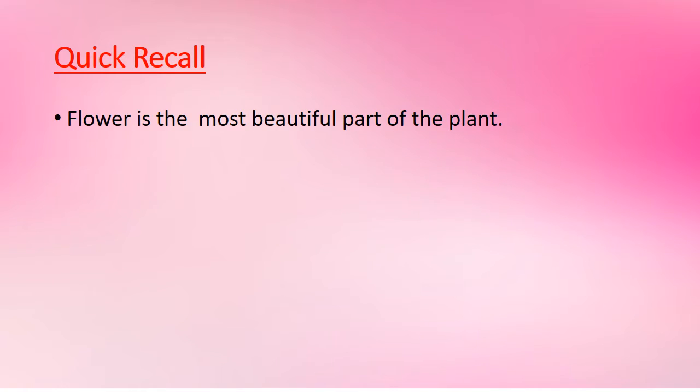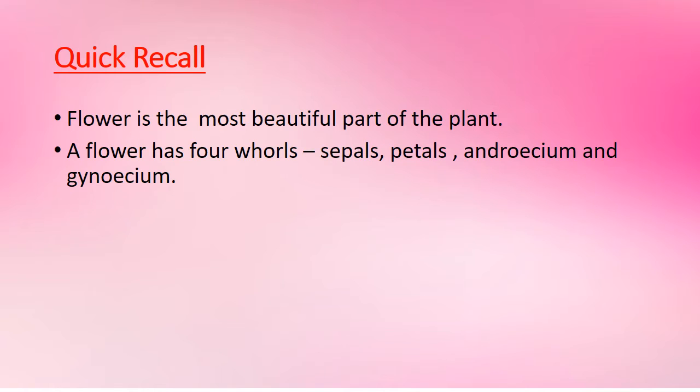Let's take a quick recall first of what we studied in our previous video. We studied that the flower is the most beautiful part of the plant. A flower has 4 whorls: sepals, petals, androecium and gynoecium.